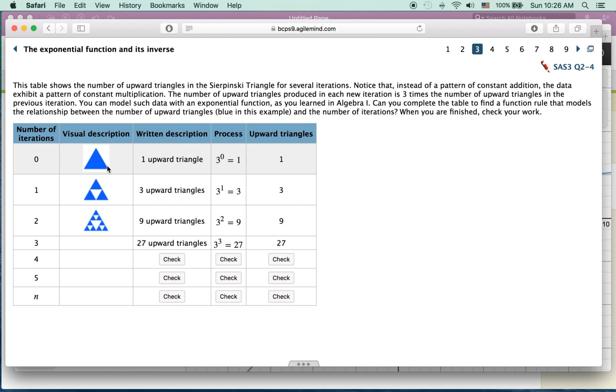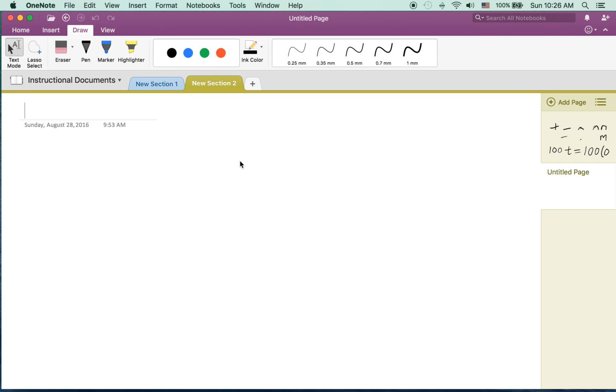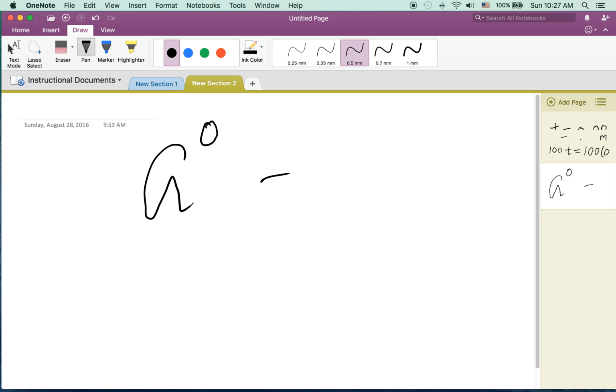So here we see, to get the number, we just exponentiate 3 to the number of times we've walked through this process. So for 0 iterations, just starting out, 3 to the 0. Well, as you know, any number to the 0th power is 1. It doesn't matter what it is.